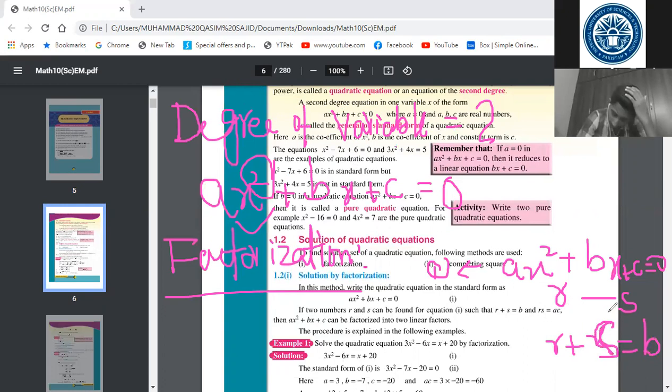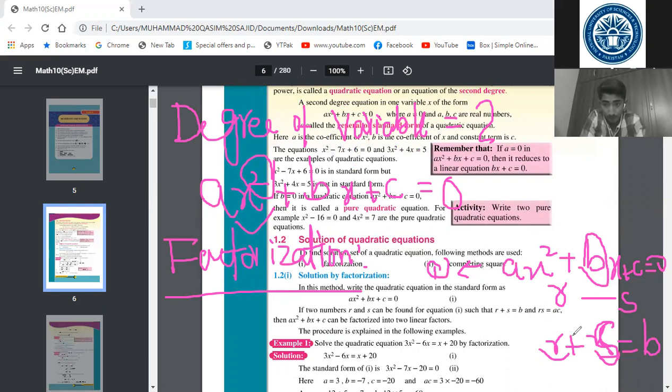How do we find these unknowns? This is the middle term breaking of b. We have to split b into two unknown variables, r plus s. For example, for b equal to 6x, we know that 3x plus 3x equals 6x, so r is 3x and s is also 3x. This is the splitting of the coefficient of x, that is b.